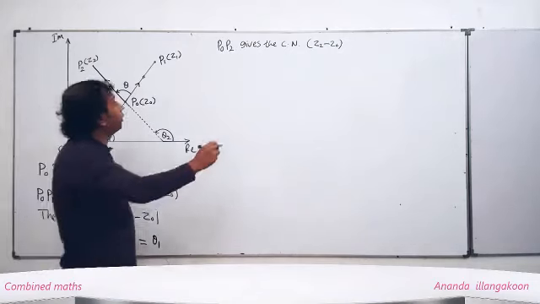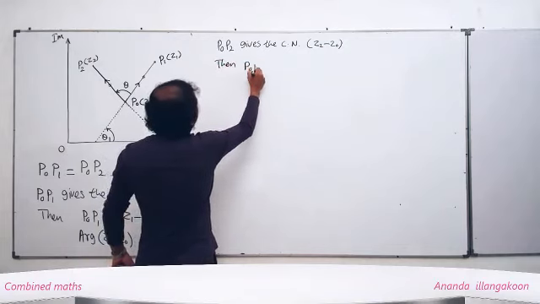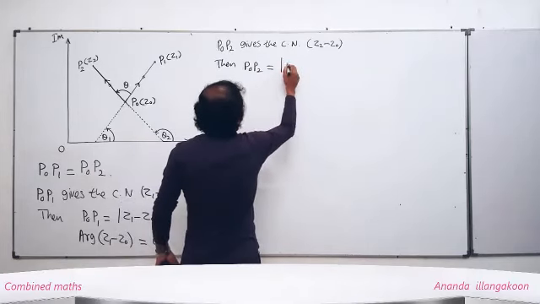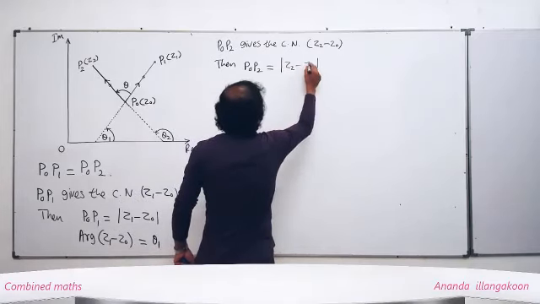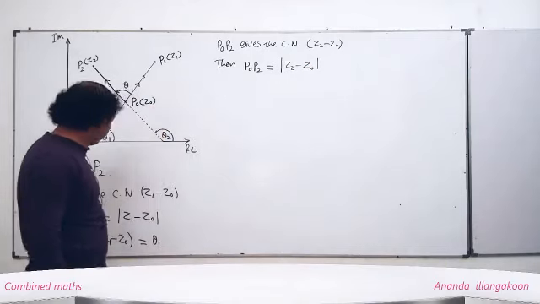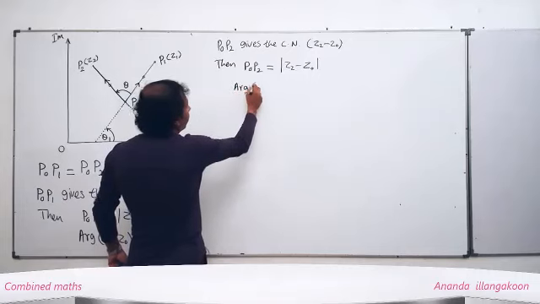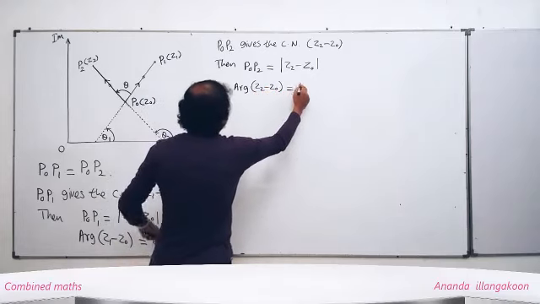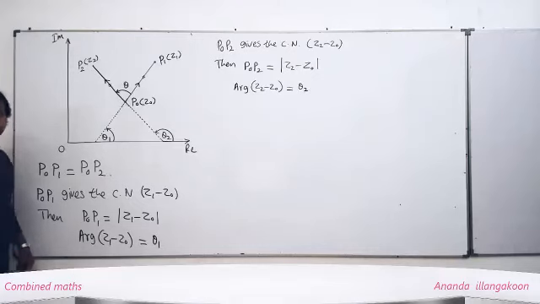Then P naught P2 is equal to the modulus of Z2 minus Z0. And the argument of this Z2 minus Z0 is theta 2.